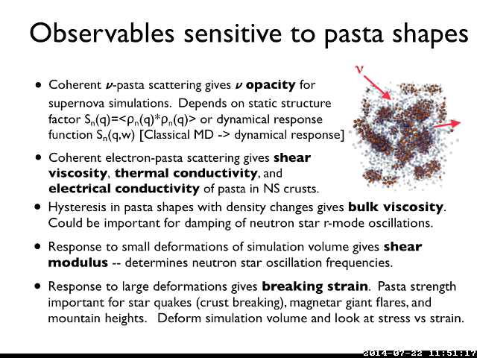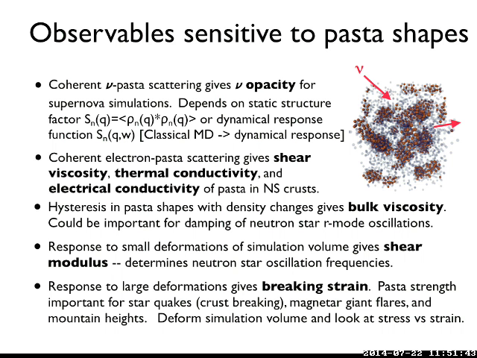Coherent electron pasta scattering gives the mean free path of an electron. The electrons carry the momentum, the energy, and the charge. So electron pasta scattering helps determine the shear viscosity, the thermal conductivity, and the electrical conductivity of the pasta in neutron star crusts.